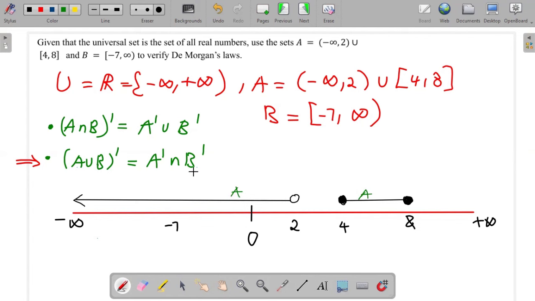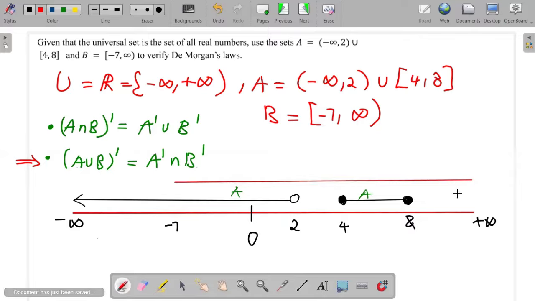B is from minus 7 to positive infinity. So it's from minus 7 here all the way to positive infinity there. I'll just write an arrow like that. And on minus 7, we're going to shade like that. So that is my B.